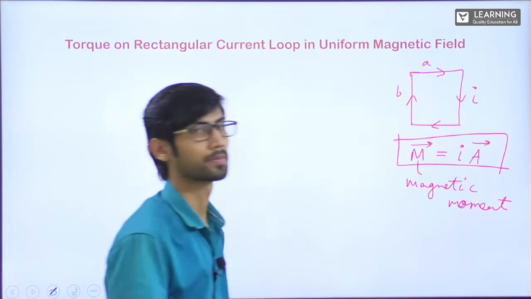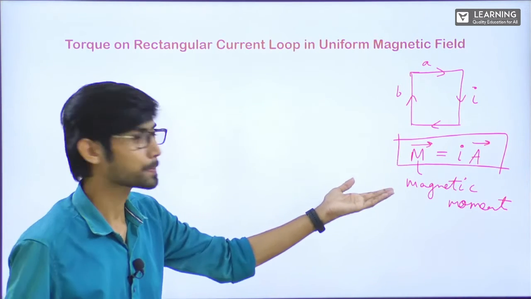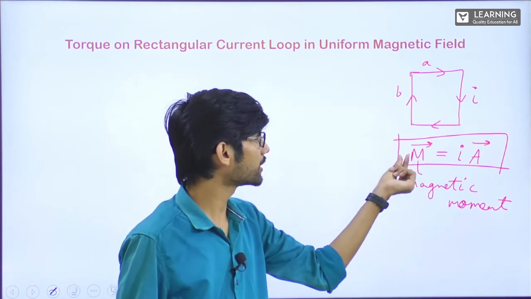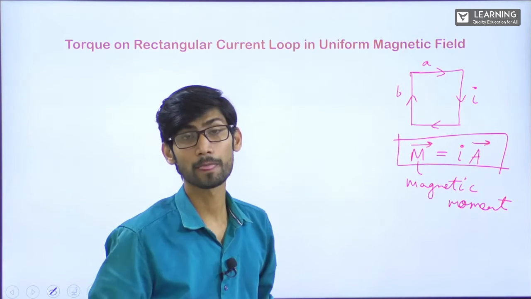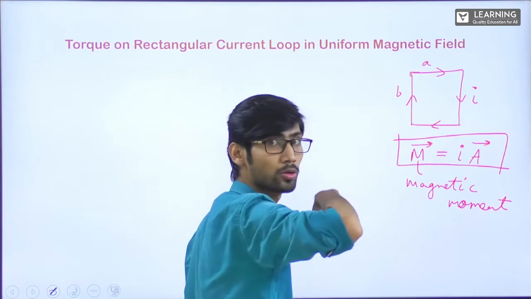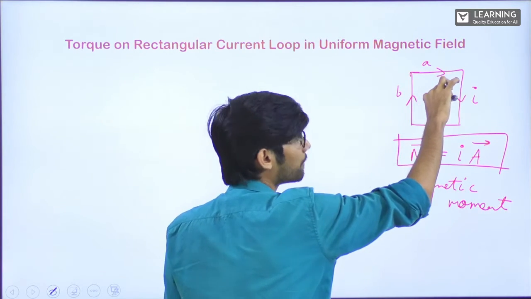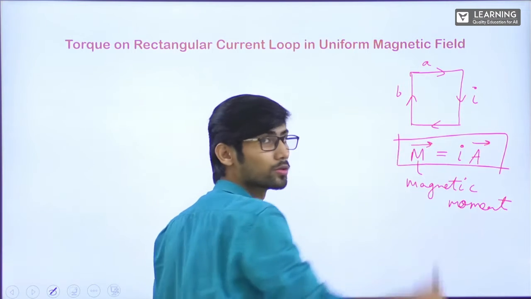Clear? What is the direction of magnetic moment? From the formula you can understand the direction of magnetic moment will be same as the direction of area vector, right? But no doubt area vector is perpendicular to this particular loop, right? But the direction of area vector is not defined. It can be this side also, it can be that side also, right?